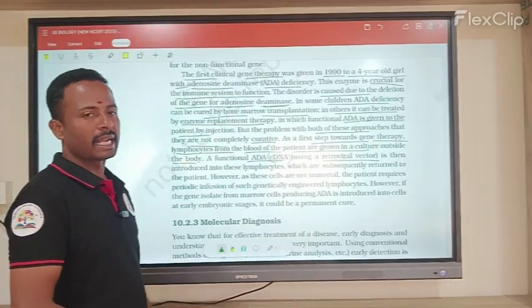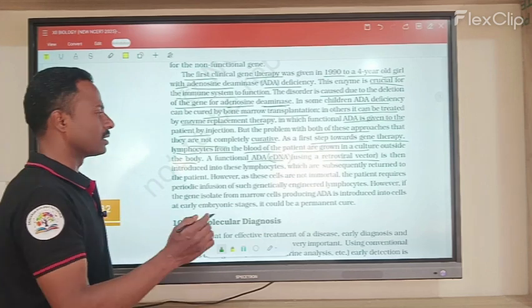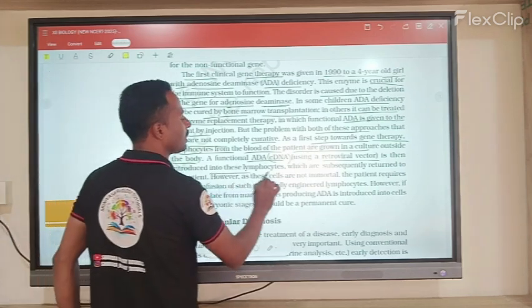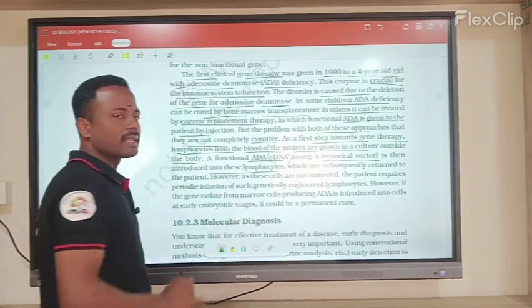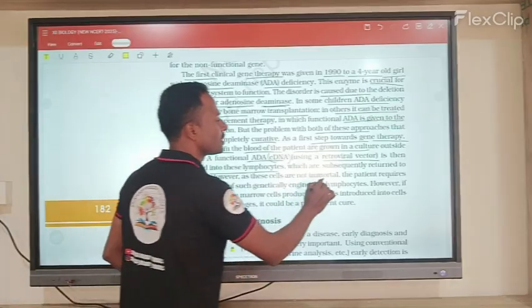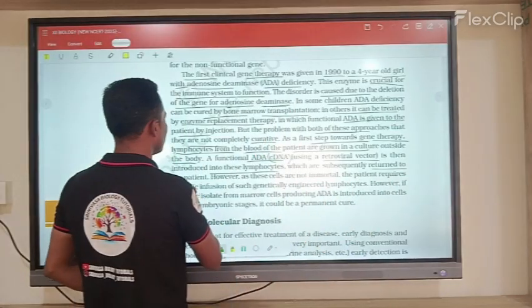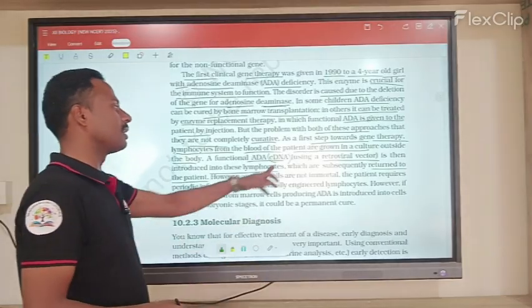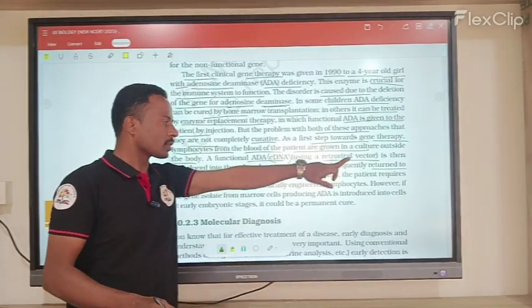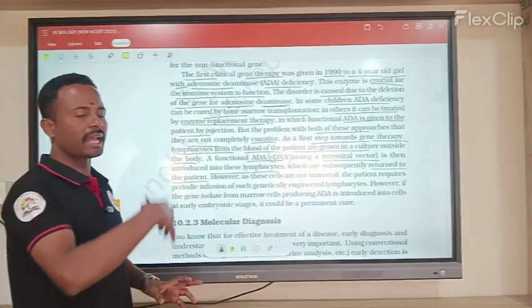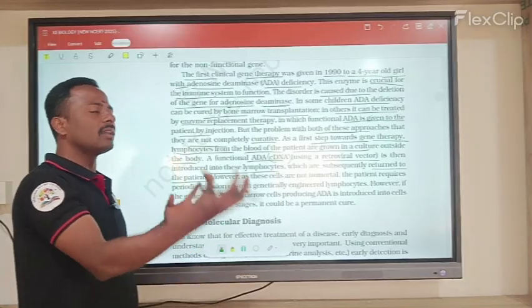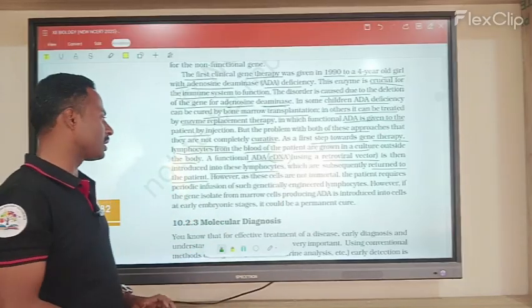Here the cDNA acts as the vector. It is introduced into the lymphocytes, which are subsequently returned to the patient.